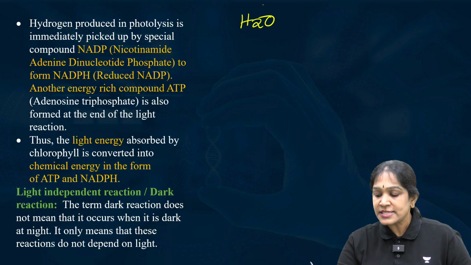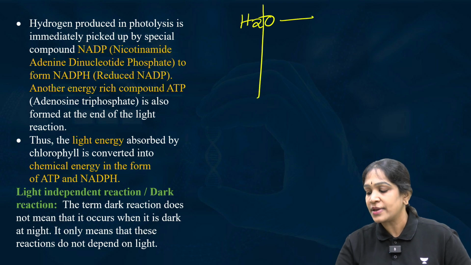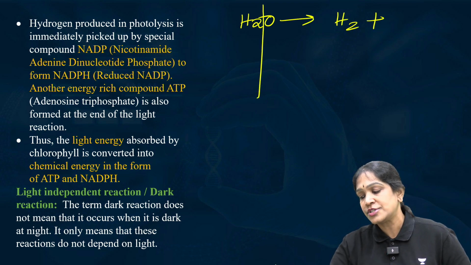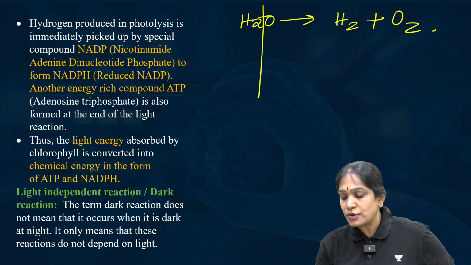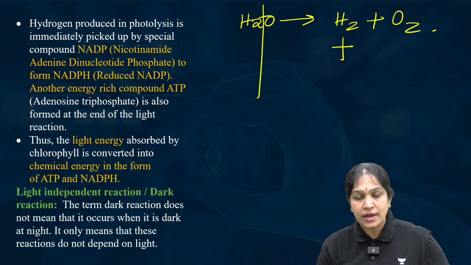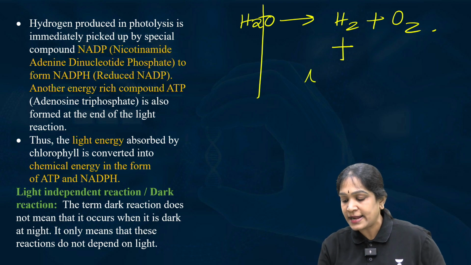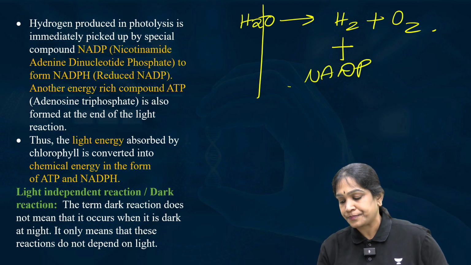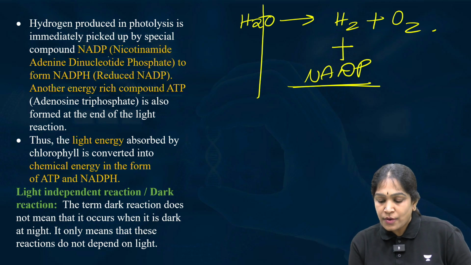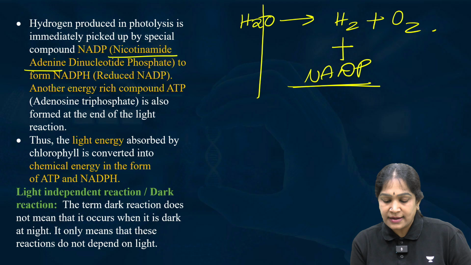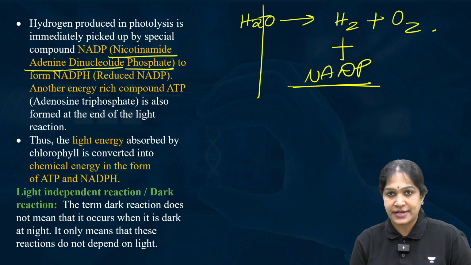When the water is broken down, it gets broken down into hydrogen and oxygen, and then this hydrogen will be added to a molecule called NADP. What is NADP? NADP is nicotinamide adenine dinucleotide phosphate.